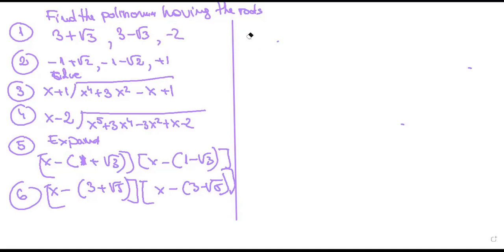So it would be x minus 2 divided by x to the 5 plus 3x to the 4 plus 0 times x to the 3 minus 3x squared plus x minus 2.